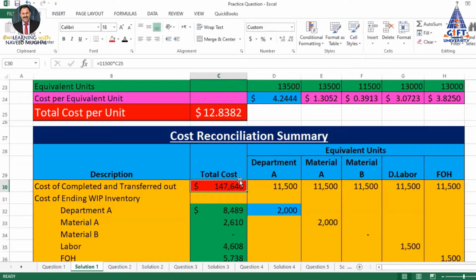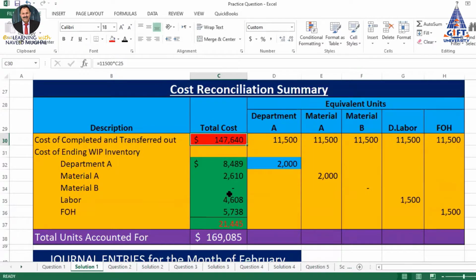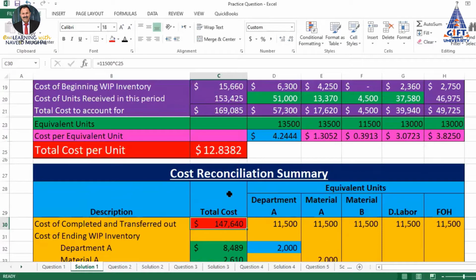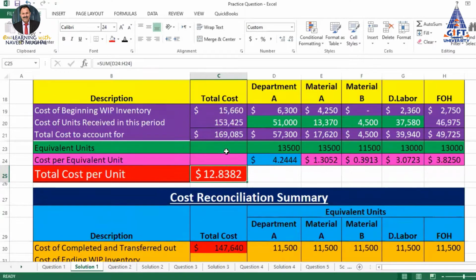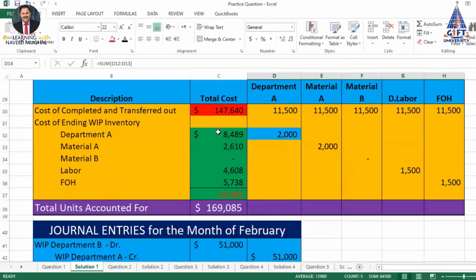For calculating this figure, we will prepare the whole cost summary. This figure will be calculated by using per unit cost of equivalent, and per unit cost of equivalent will be calculated by using equivalent units. So this is interrelated.